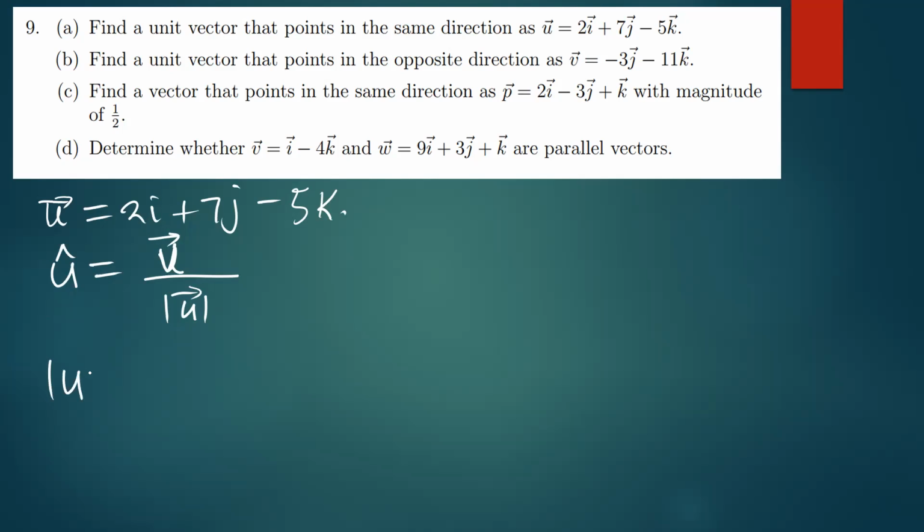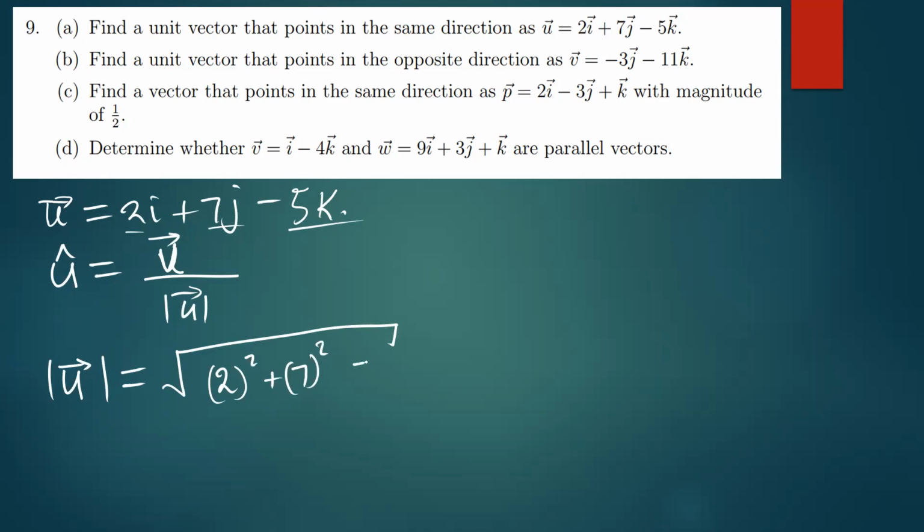The magnitude of u is the square root of what we have there. The vector is 2i plus 7j minus 5k, so we put our 2 and square it, plus 7 squared, plus negative 5, which we also square.